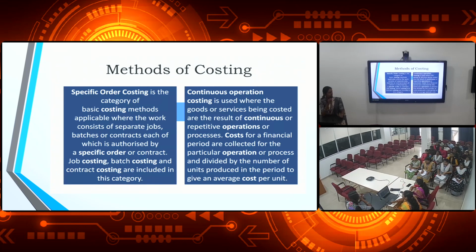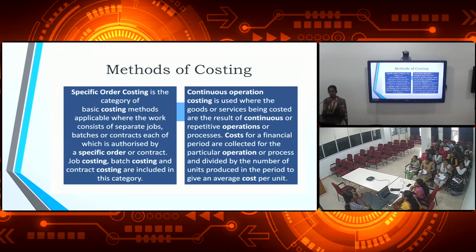And continuous operation costing is used where the goods or services being costed are the result of continuous or repetitive operations. We can take the garment industry as an example. It is a continuous process, right? From manufacturing of fiber to the manufacturing of the garment, a particular company will be engaging in every process, or it can be outsourced also.